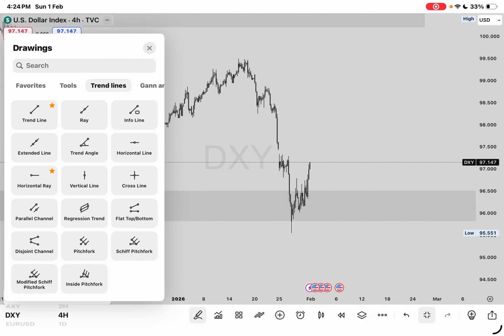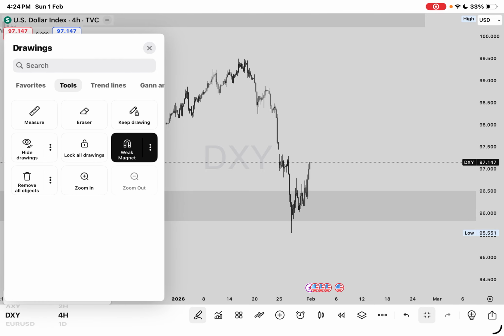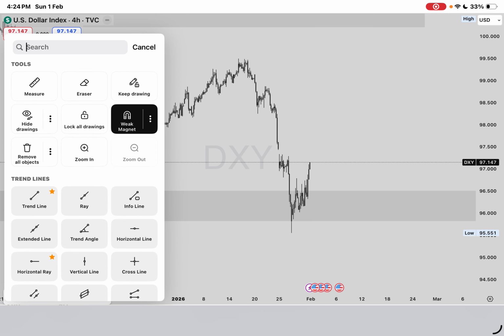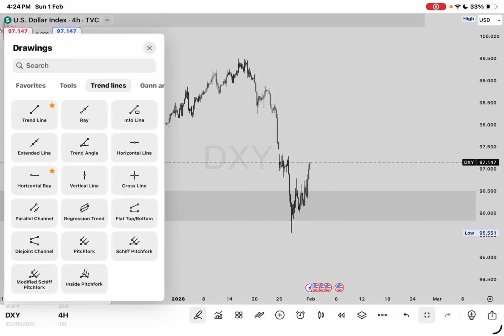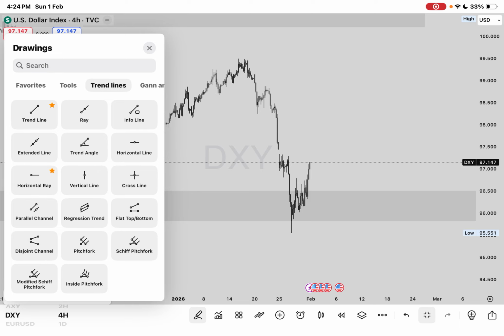Let me find my trend line and draw something for you so you know what I am predicting on dollar. Let me see. I thought I picked these tools. Why did they erase from my favorites? Let me see if I can get something like an arrow and show you my prediction on dollar.